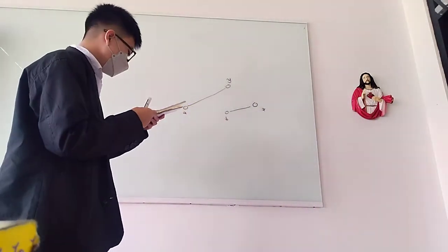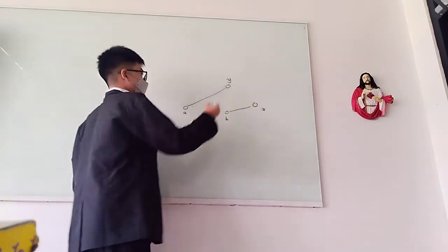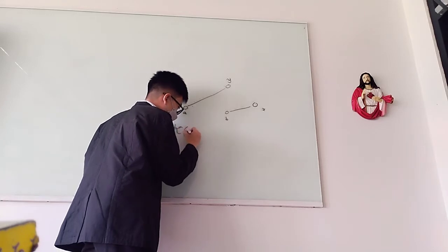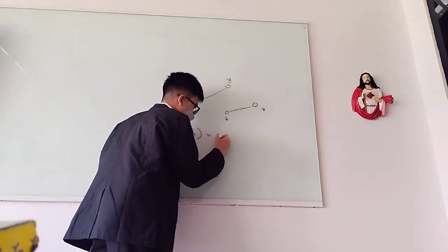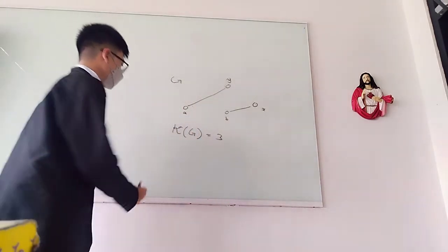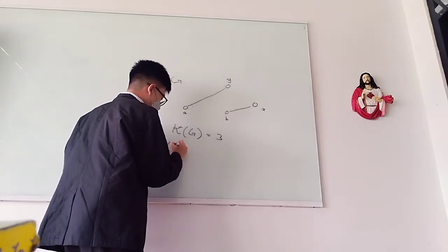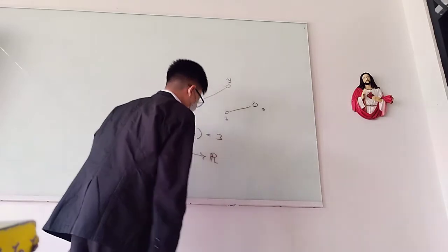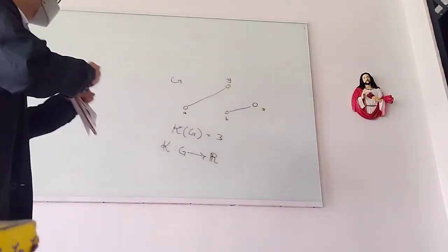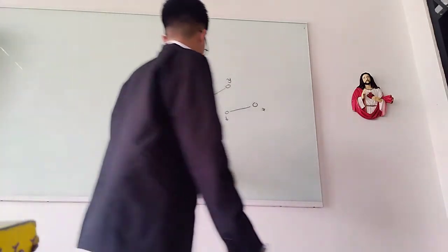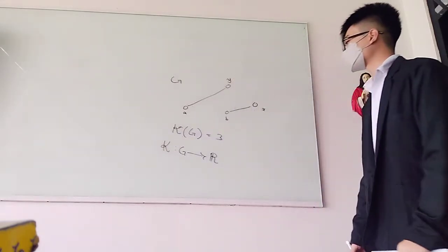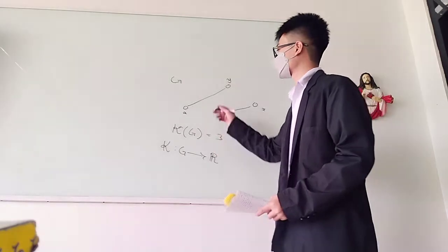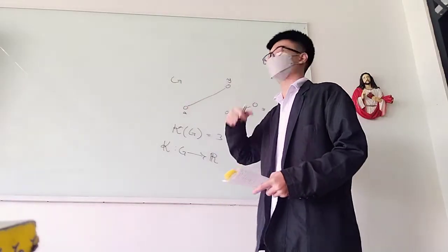So then we say, if this is our graph G, we say that the kappa of G, or the components of G, is 3. So the kappa of G, kappa, maps G onto R. Precisely, it's a function of G, the components of G, and it asks us, what is the number of subgraphs inside our graph? What is the number of components that we have in our graph?